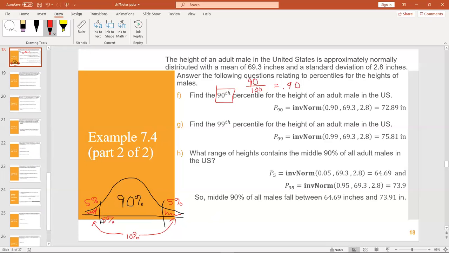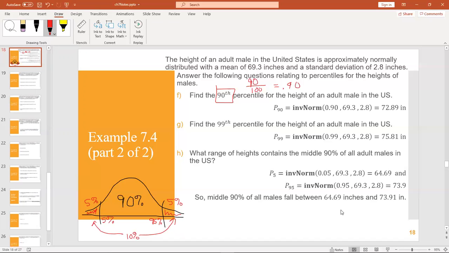Add 90 to that, because you're going up, to get the middle 90% of the data, that's 95%. Or if you think of it this way, the top end is 100, back up by 5%, that's 95.